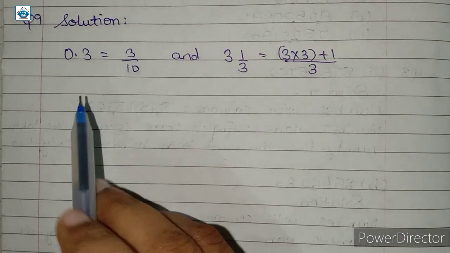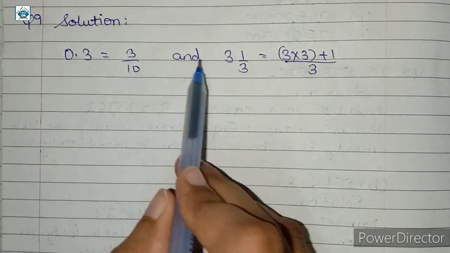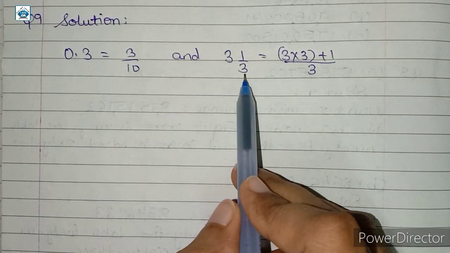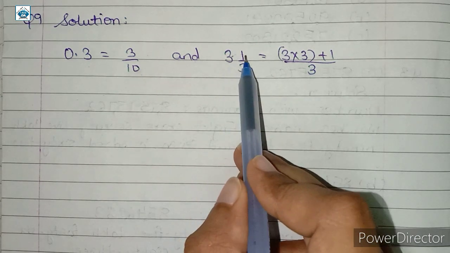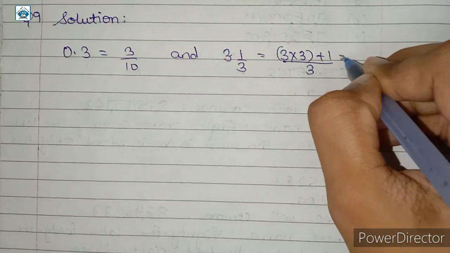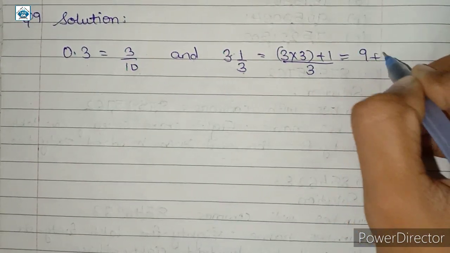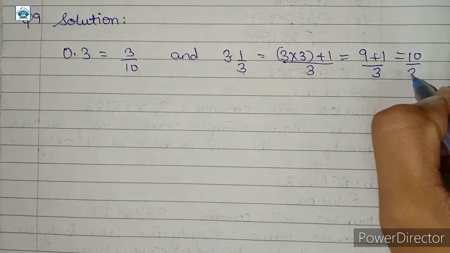Here we know that 0.3 is equal to 3 by 10, and the mixed fraction 3, 1 by 3 is equal to 3 multiplied by 3 plus 1, divided by 3. So this will be equal to 9 plus 1 divided by 3, which is equal to 10 by 3.